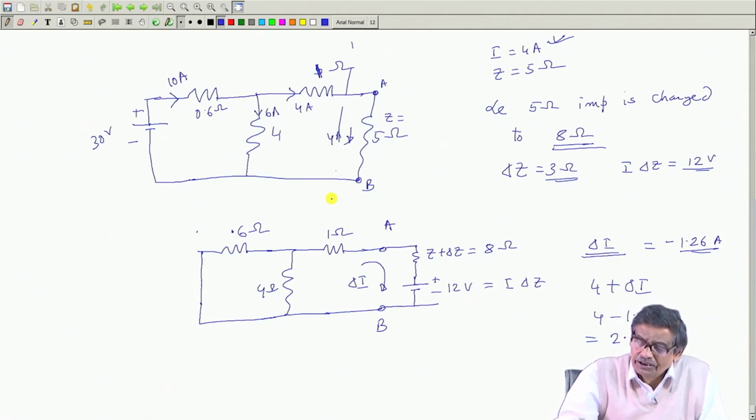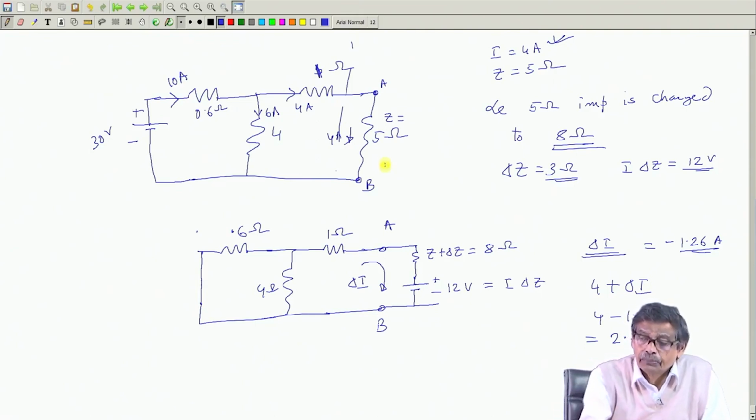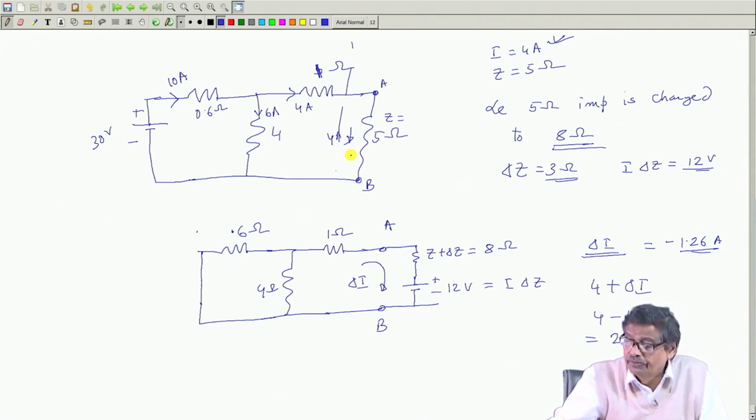You replace only one source, I into delta Z, with this impedance Z plus delta Z, and solve for the current which will give you delta I. It will come the same, I leave it as an exercise: with this replaced by 8 ohm, solve this network, get this current, and then solve this network with 5 ohm, it was already known.